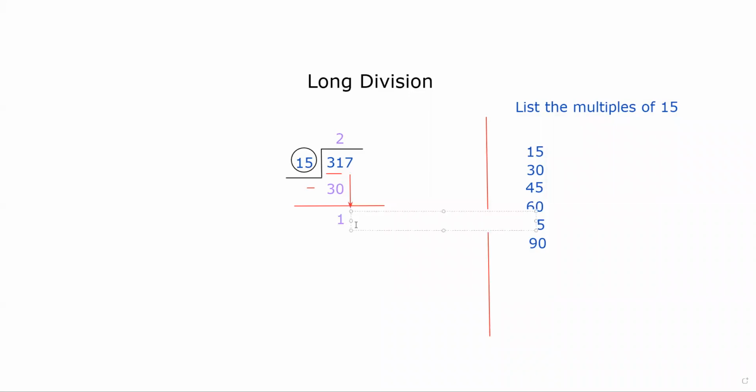Now, in my multiples, which one is less than 17 and the nearest one to it, which is 15. So it's going to be 1. 1 multiply 15 is going to be 15. 17 minus 15 is going to be 2.